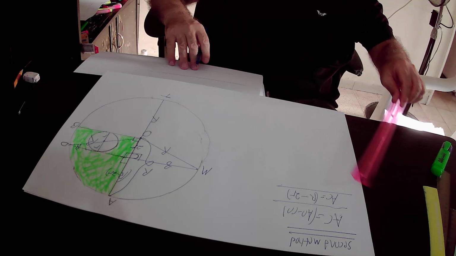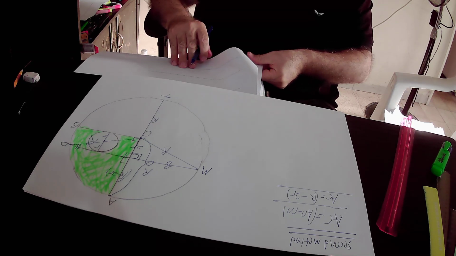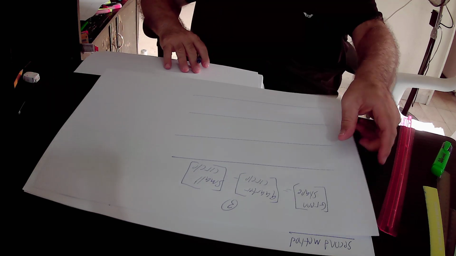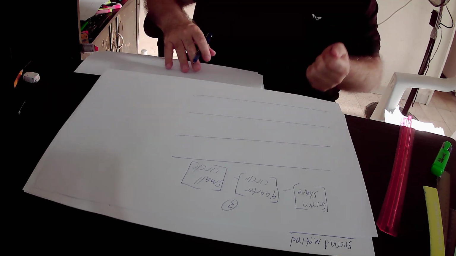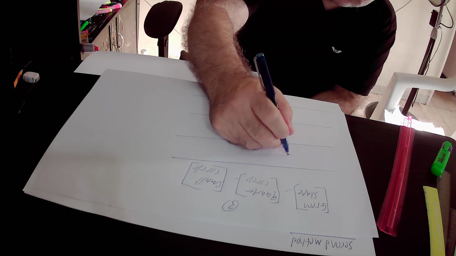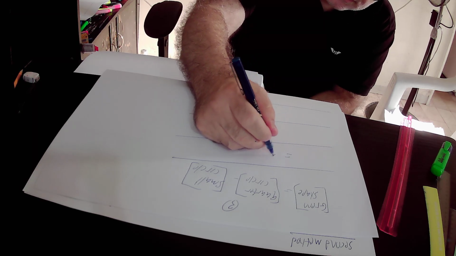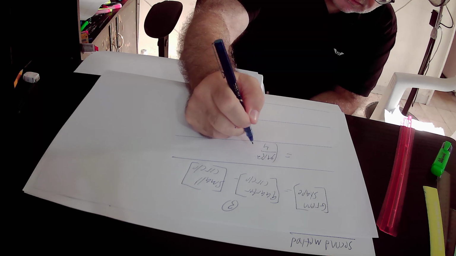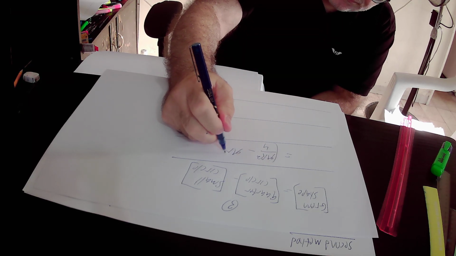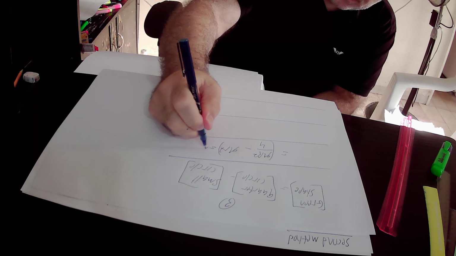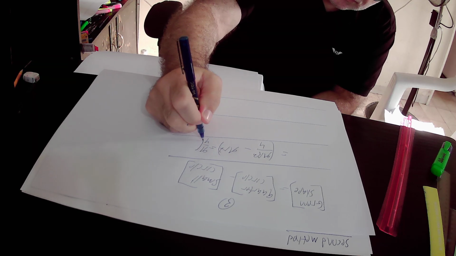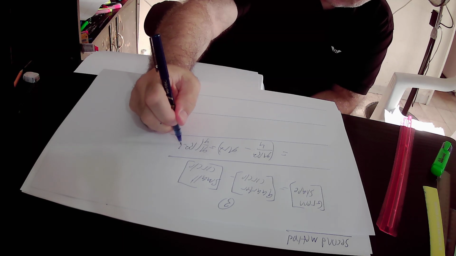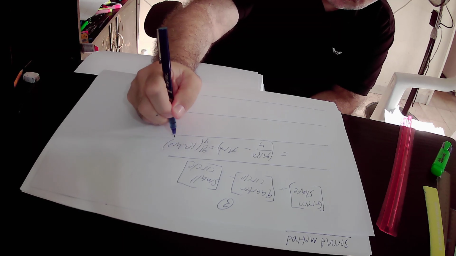I repeat again, the area of the green shape equals the area of the quarter circle minus the area of the small circle. We have already found out that the area of the quarter circle equals pi times capital R squared over 4. The area of the small circle is pi R squared over 4. Here we took pi over 4 as a common factor out of those two expressions, and inside the brackets we are left only with capital R squared minus 4R squared.